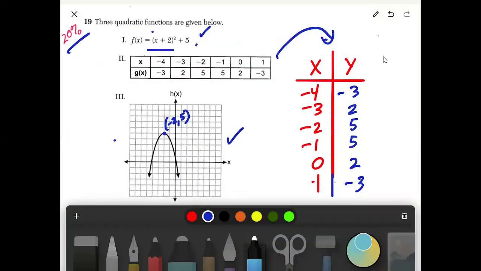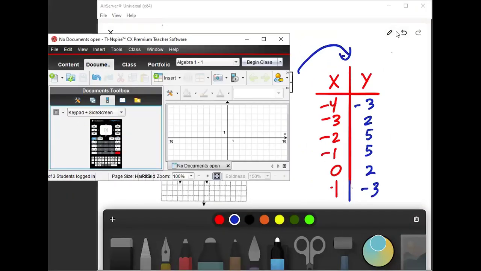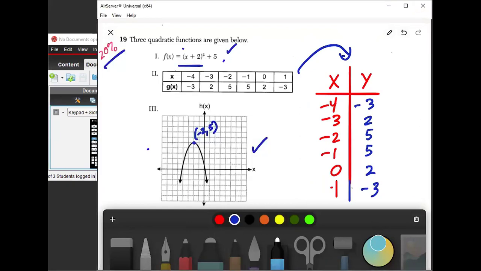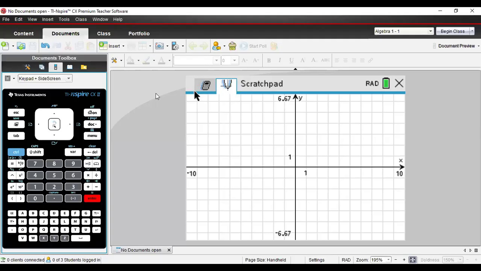So we're going to use the calculator now. So where is my calculator? It's here. I got to get all this stuff out of the way. Okay, so from here, I'm going to put in that function.